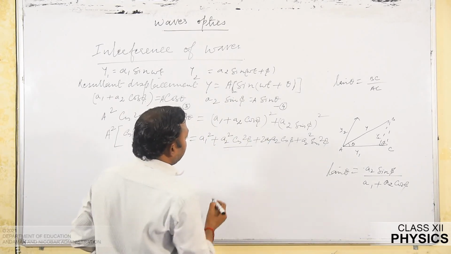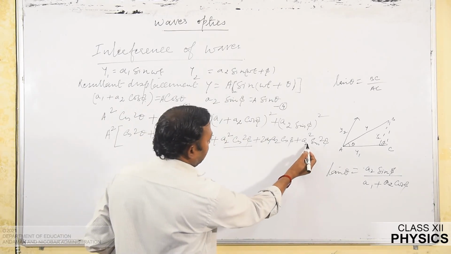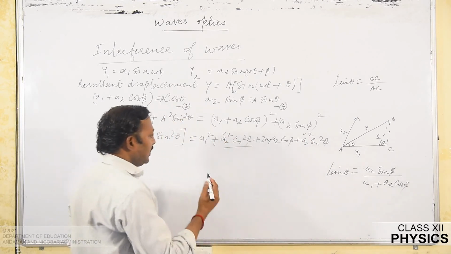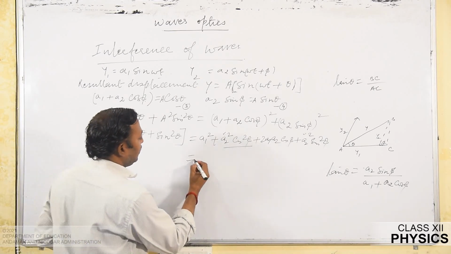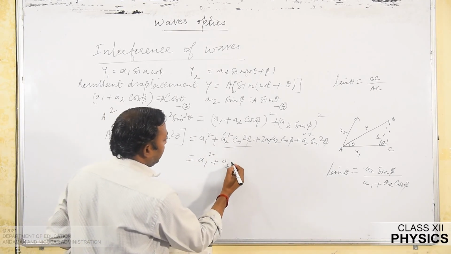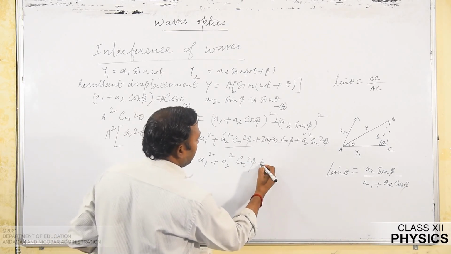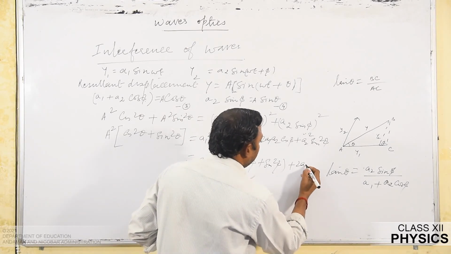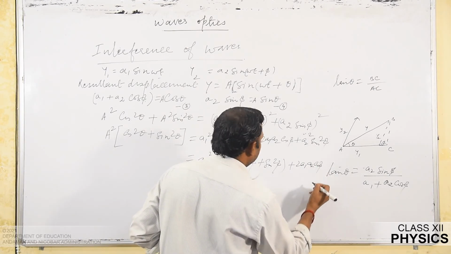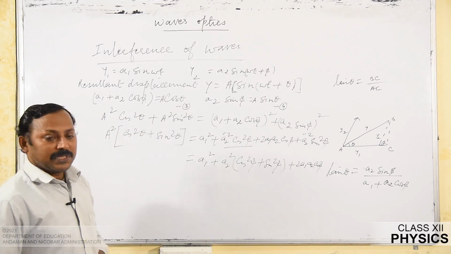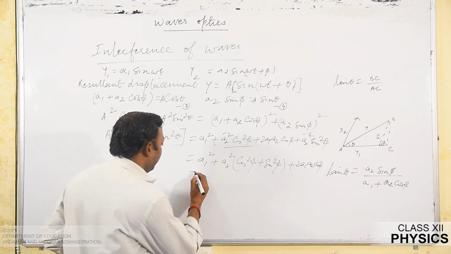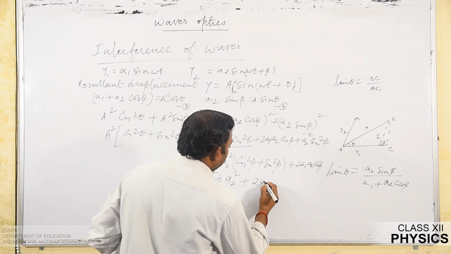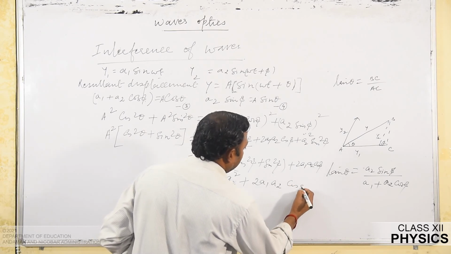Now from a2 square cos square phi and a2 square sin square phi, you can take a2 square as common factor. Taking that as a common factor, you will get a1 square plus a2 square (cos square phi plus sin square phi) plus 2 a1 a2 cos phi. Now we know that cos square phi plus sin square phi is 1. So finally you get a1 square plus a2 square plus 2 a1 a2 cos phi.